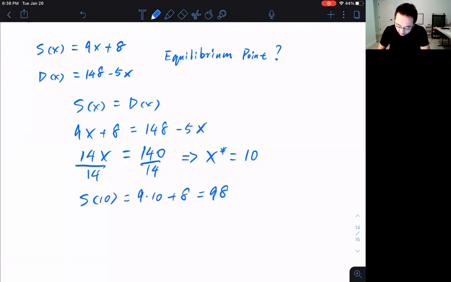So your price is going to be $98, right? So your equilibrium point is then 10 for the quantity and 98 for the price. Okay, all right, hope that makes sense.